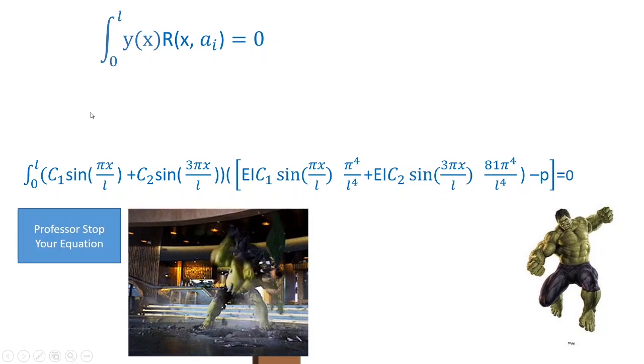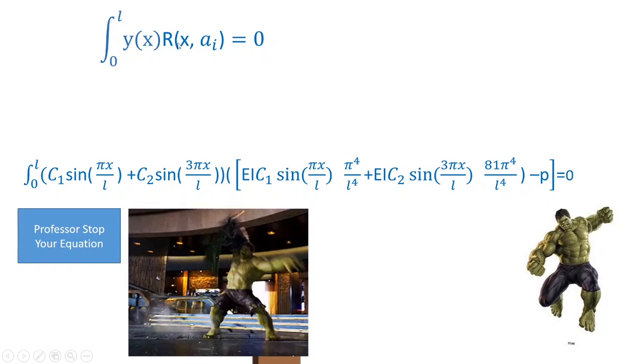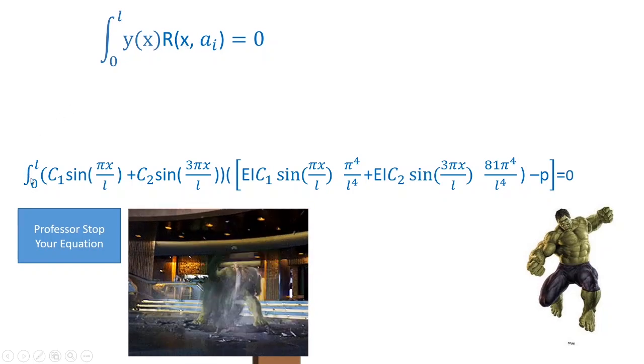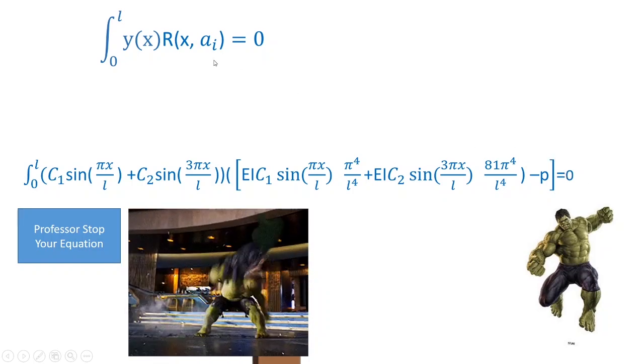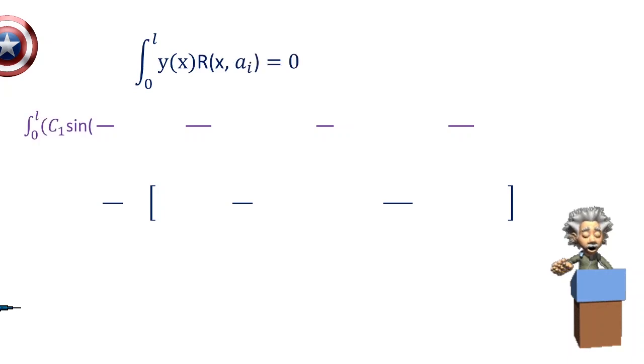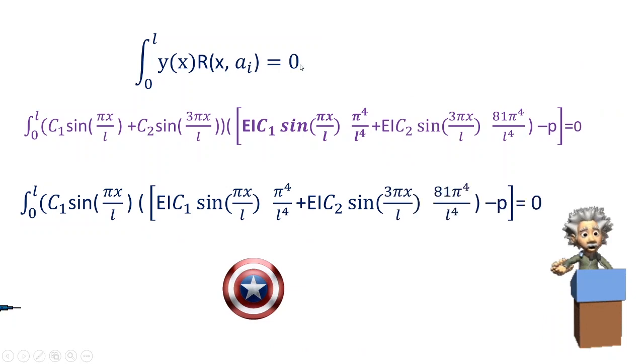So again I will repeat, I took this trial function and residual function and multiplied both. When I multiplied the trial function and residual function, I will get 0. So this is our Galerkin method.